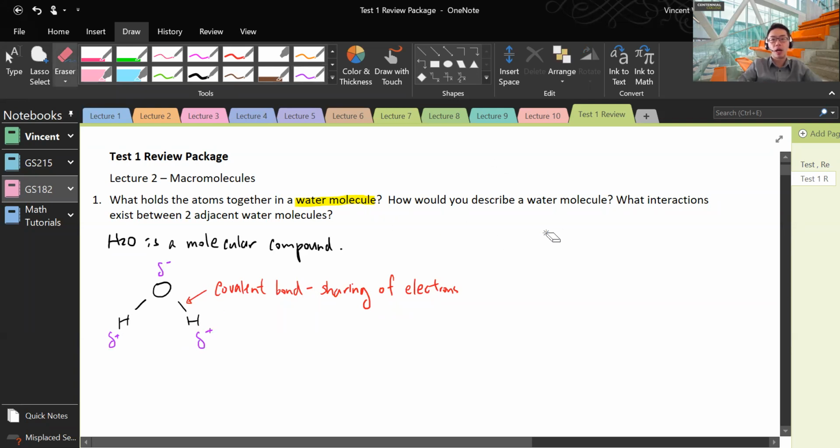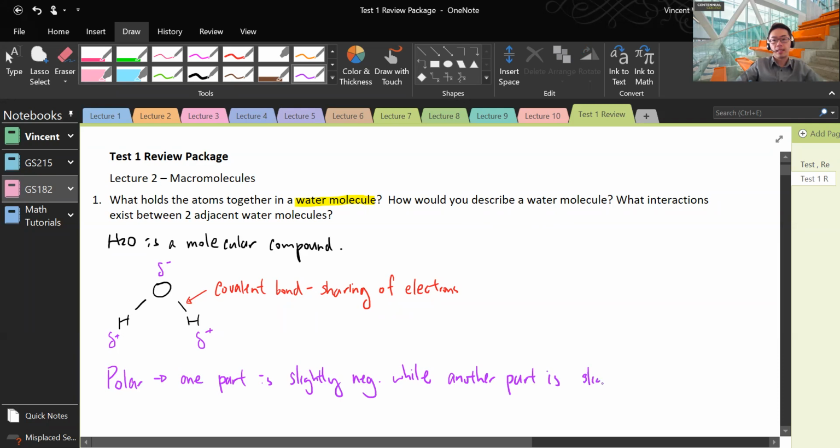So how would I describe the water molecule? The water molecule is going to be a polar molecule. Polar means one part is slightly negative, while another part is slightly positive.